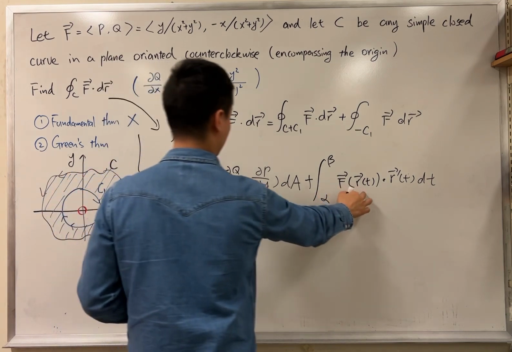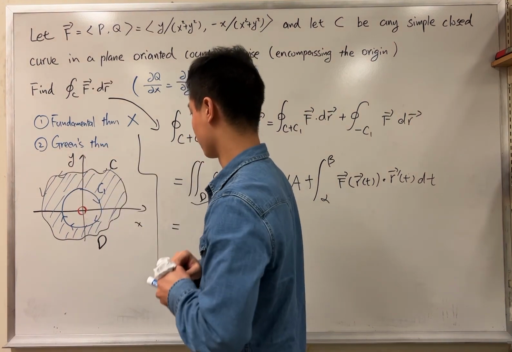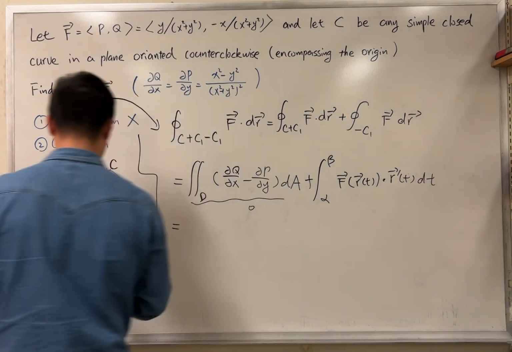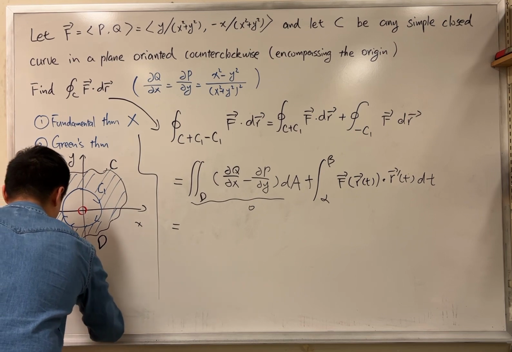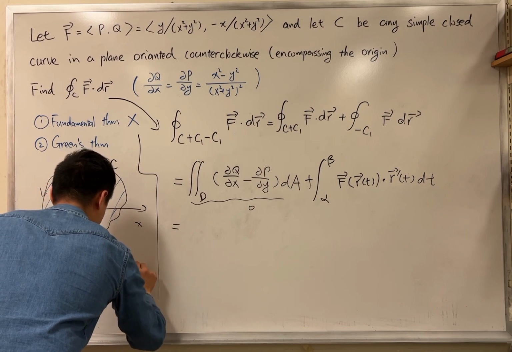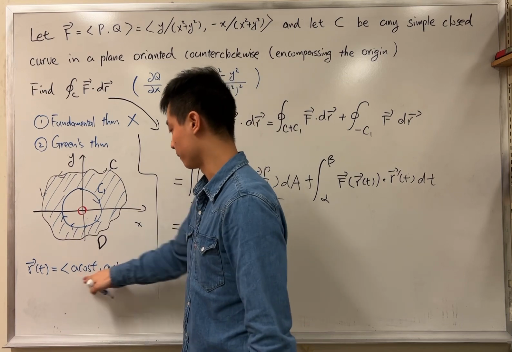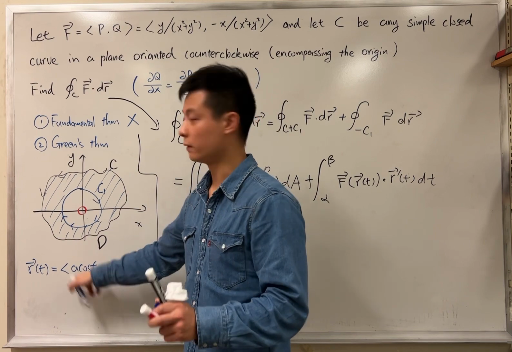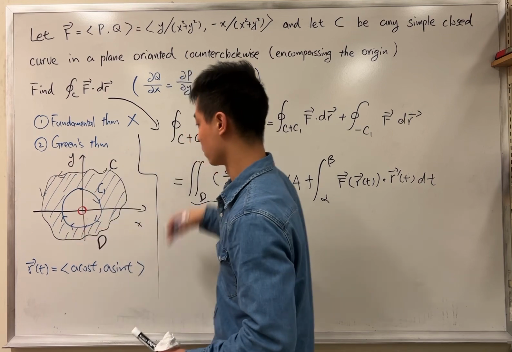For this part, we're going to take a look at the parametric equation of the reverse C1, which is going to go in the counterclockwise direction. And because this is a circle, we can just write it as r of t equals a cos t, a sin t, where the constant a represents the radius of this circle, and we can choose a to be small enough such that the entire circle is contained in this outer curve.